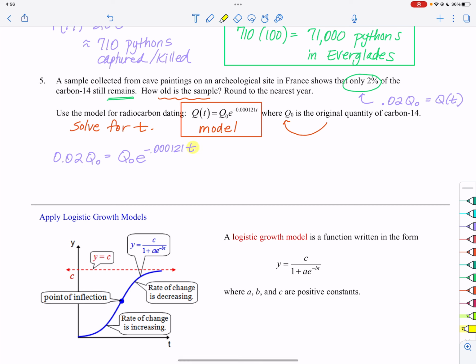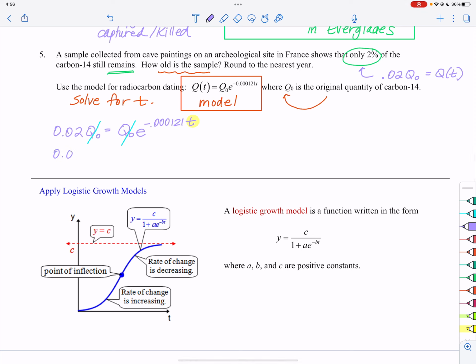And this t is what we need to solve for. Well, we can divide both sides by Q of 0, and we have 0.02 equals e to the negative 0.000121 t. And now we can go into logarithmic form, and we can say that the natural log of 0.02 is negative 0.000121 t.